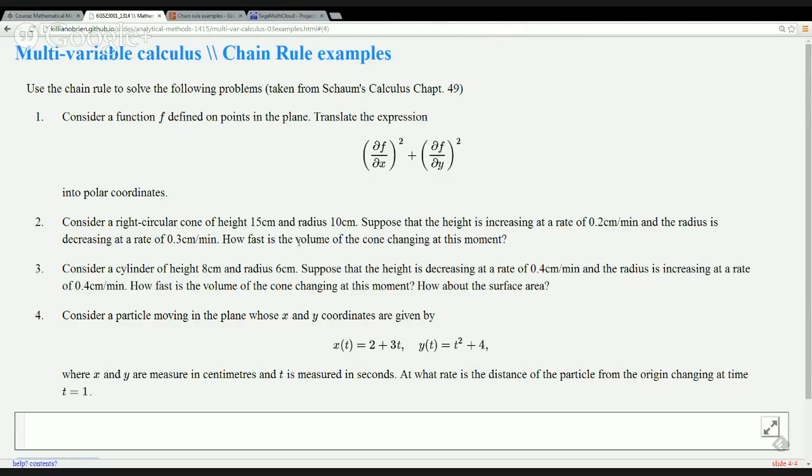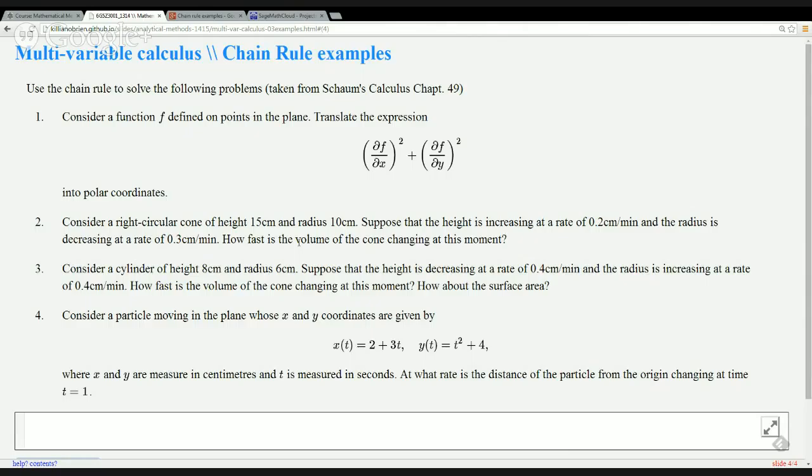Then finally, question 4 is about the motion of a particle in the plane, where the motion is parametrized by a time variable t. The coordinates x and y are given as functions of t. The question asked is: at what rate is the distance of the particle from the origin changing at time t equals 1?